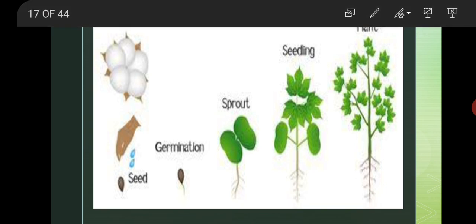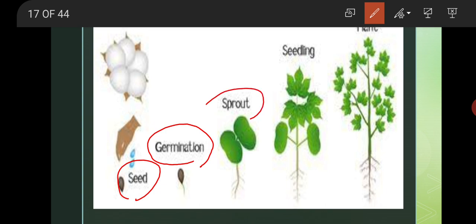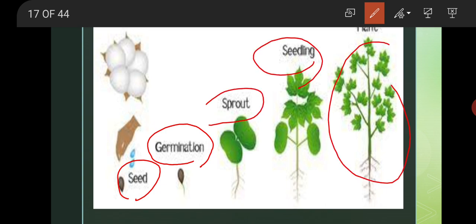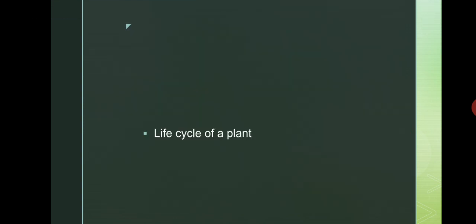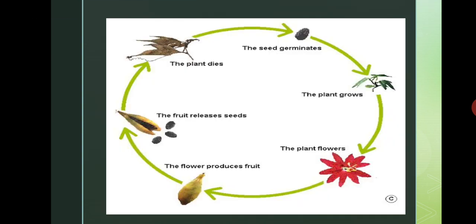Now look, this is the process of seed germination, and this is also the process of how a plant grows from a seed. First, seed germination occurs, then a sprout comes out, the seedling grows, then it becomes a full grown plant. Now, the life cycle of a plant.